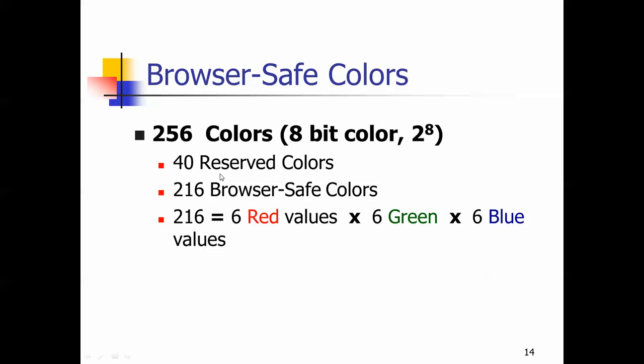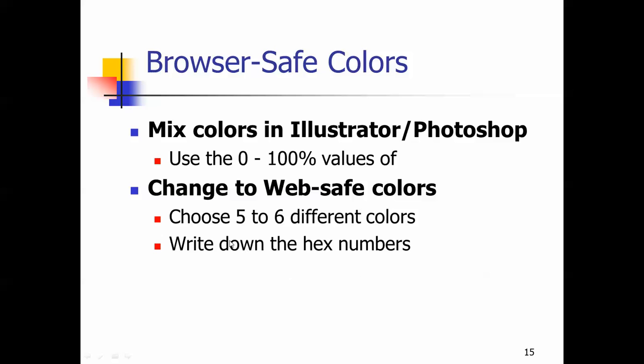Remember, 40 colors are reserved colors and 216 browser safe colors are there. So there are 6 red values, 6 green values, and 6 blue values. All right. So when you mix colors, you will use 0 to 100% values of this 256 colors available. And you should be able to change to web safe colors.